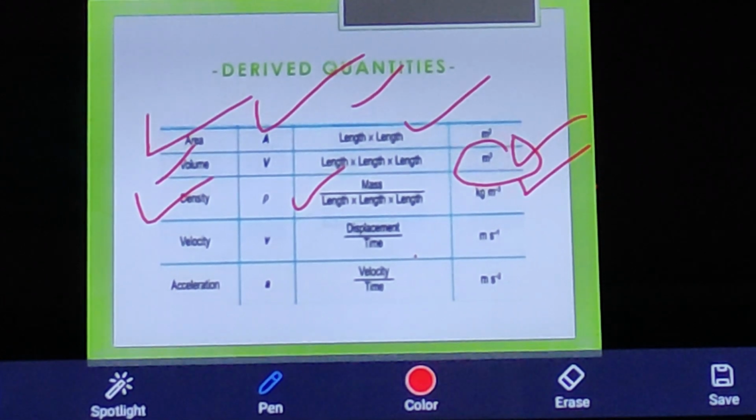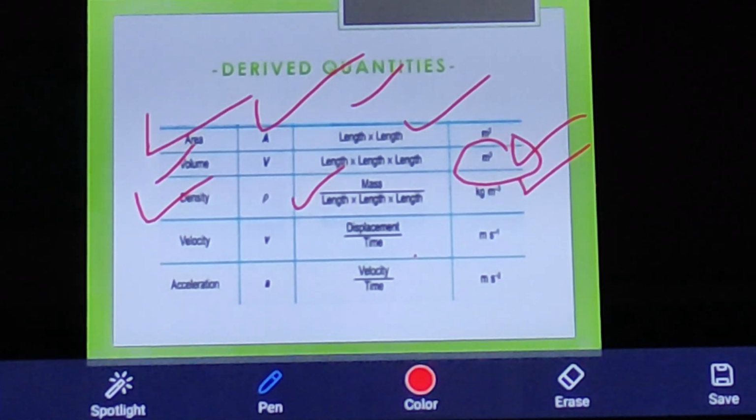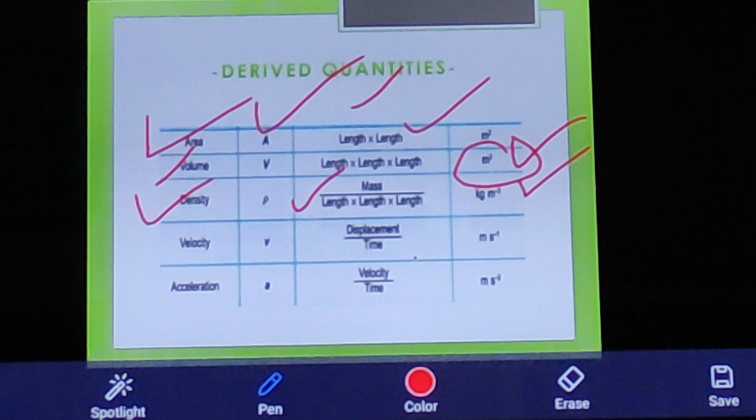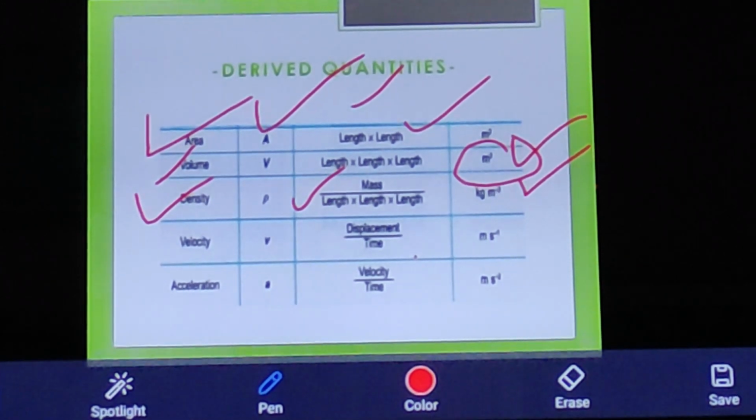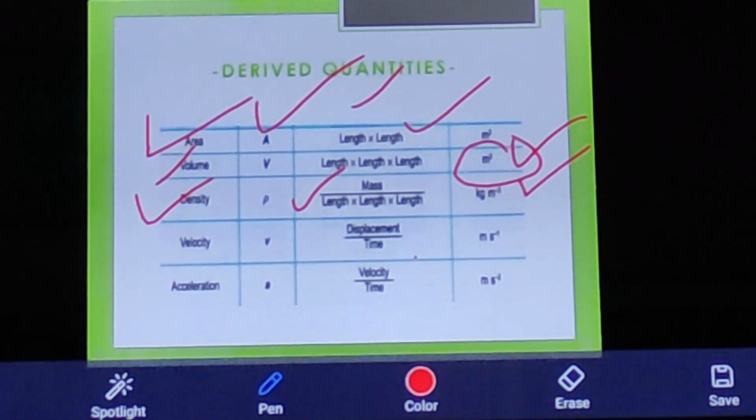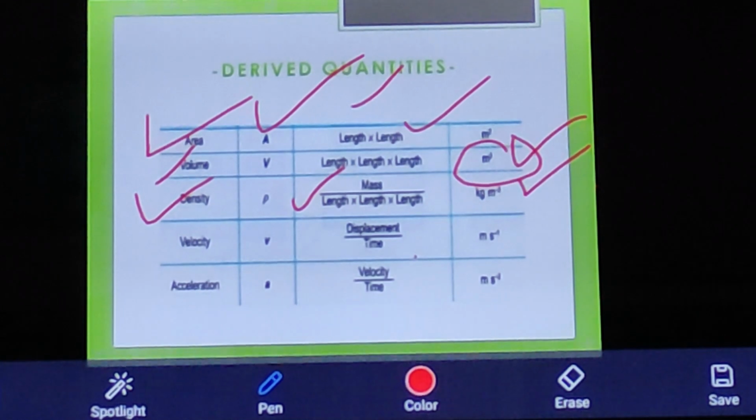After that, the velocity. Velocity equals displacement by time. Displacement of a body can be measured with length, the same thing, and the SI unit is meter. So meter per second, that is meter second to the power -1, is denoted for the velocity. After that, acceleration equals velocity by time.